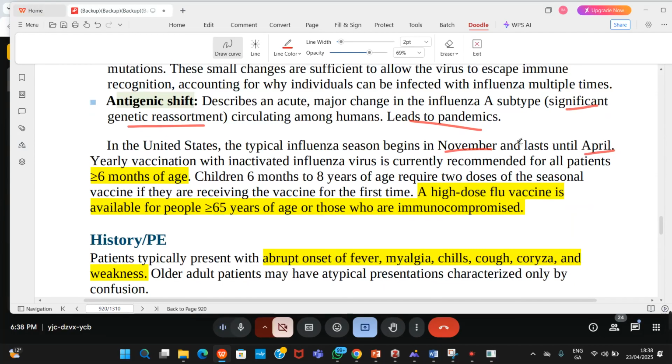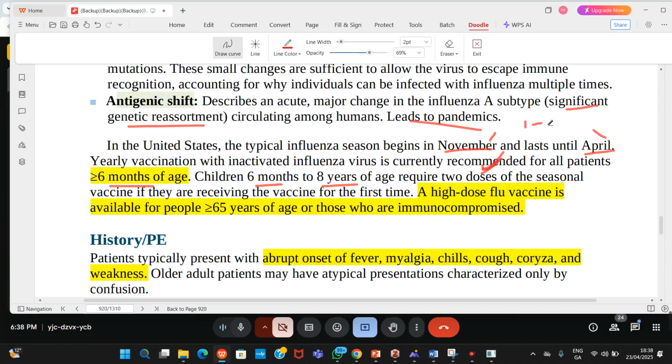In the US, the typical influenza season begins in November and ends in April. So this is the time that they get the vaccine. It's usually recommended in all patients older than 6 months, and anybody between 6 months and 8 years has to take 2 doses of the vaccine. Don't forget chickenpox too. The varicella vaccine is 2 doses, 1 to 4 years.